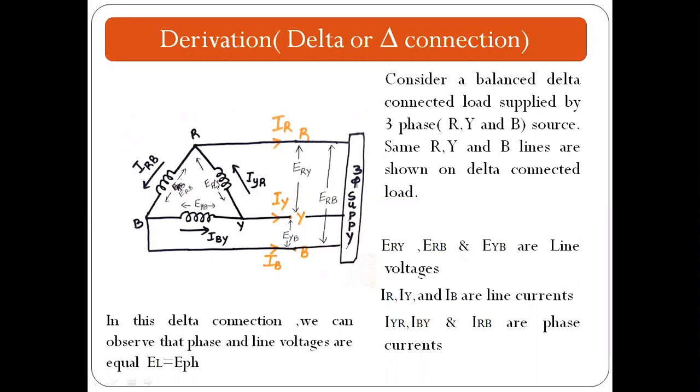From this diagram, we can observe that there is a delta connected load and it is supplied by a three-phase supply, which has R, Y and B. Same points are connected here.